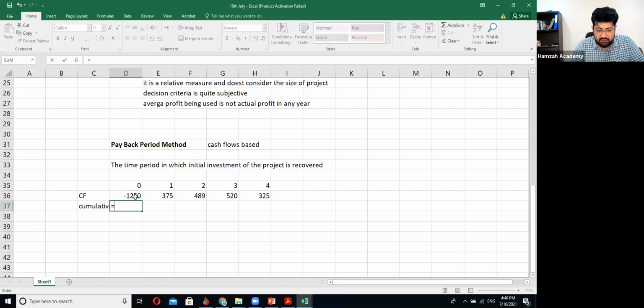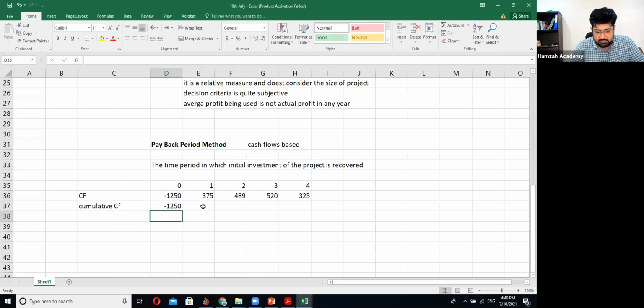You see, in year 0, the total is here. This plus this means that this is recovered, remaining is this negative. Now, this plus this recovered, remaining is this negative. 1250, this recovered, this remaining.